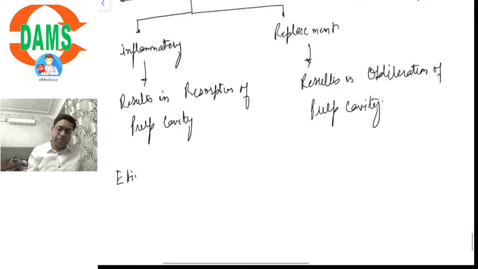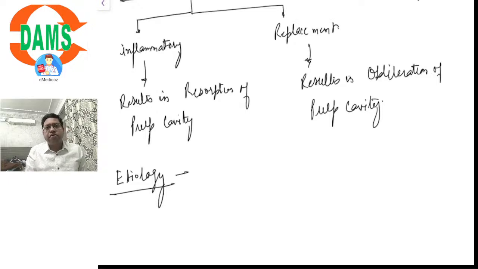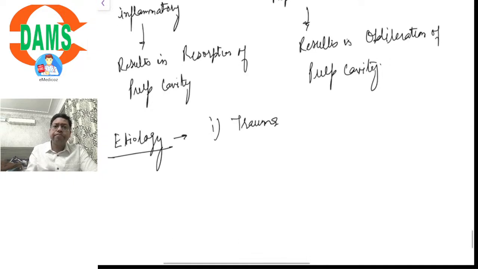So firstly, we talk about etiology. Just like external cervical resorption, no clear-cut etiology can be designated for the initiation of internal resorption, but several causes are implicated. Firstly, the most important one is trauma.